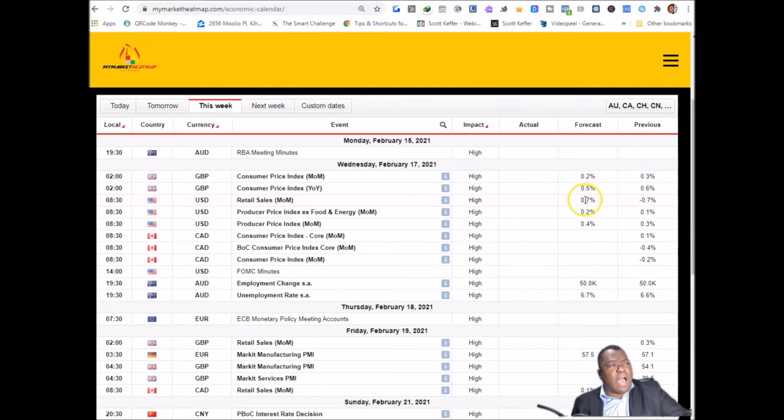So I would look for this number to come in lower than 0.7%. I'm second guessing the analyst here, and I would actually look to get long the US dollar in this case, given we have the attack of the mutants.